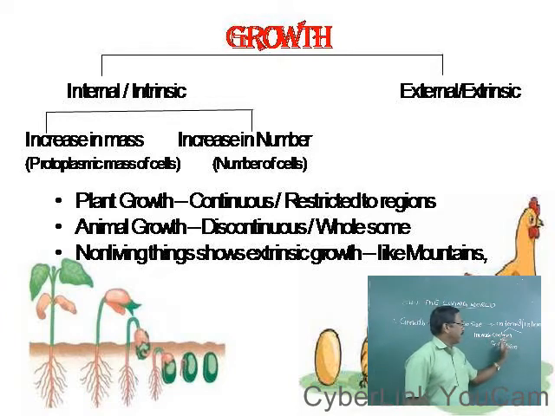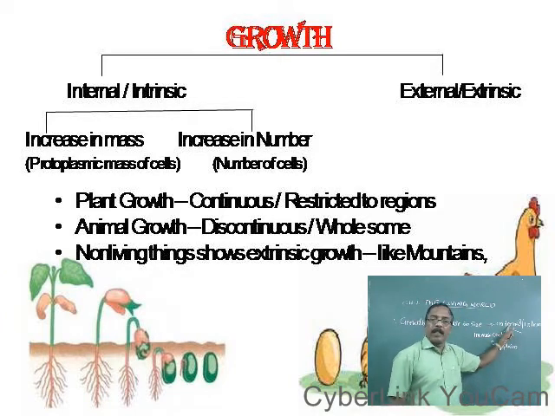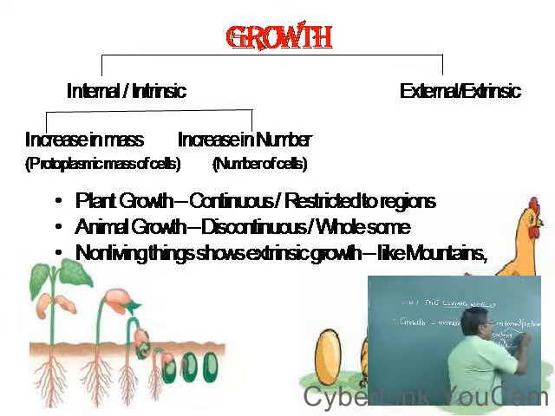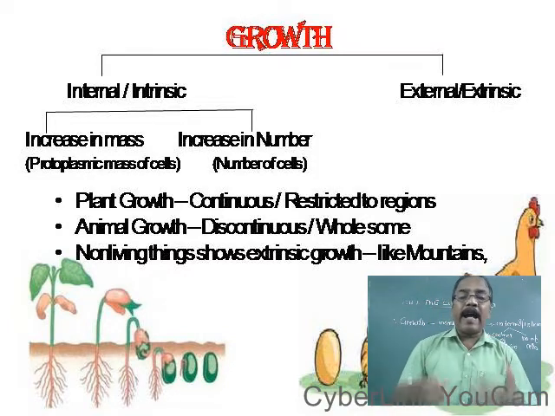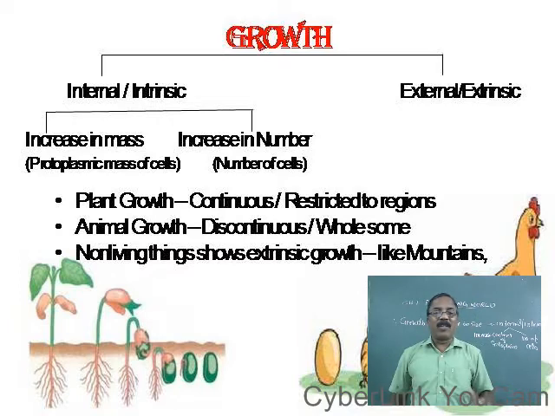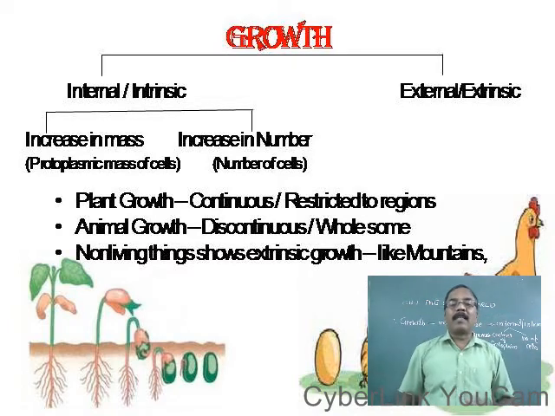Or another method is by increasing the number of cells in the body. New cells are formed through cell division and added to the total number of cells in the body, so that will also help in increasing the size of the organism.